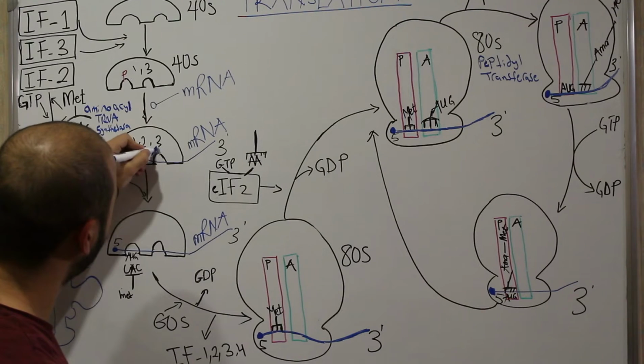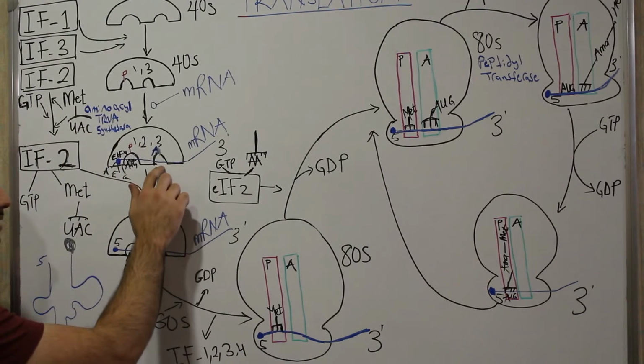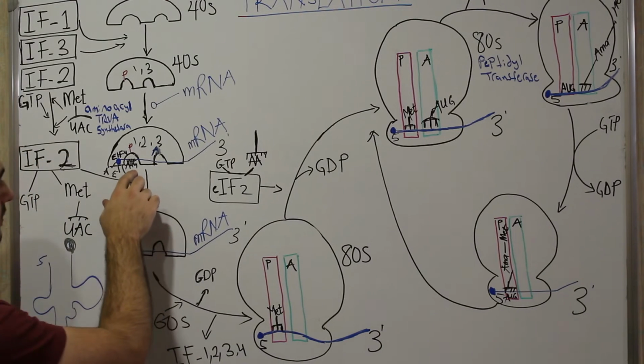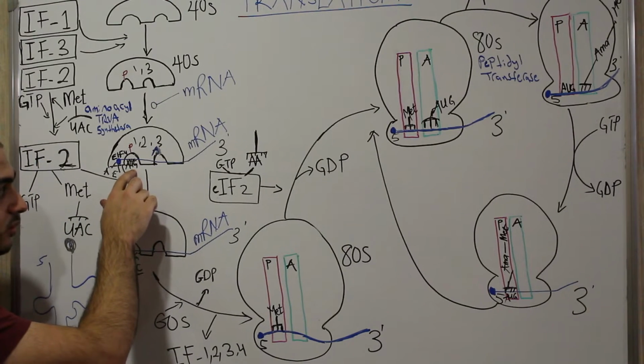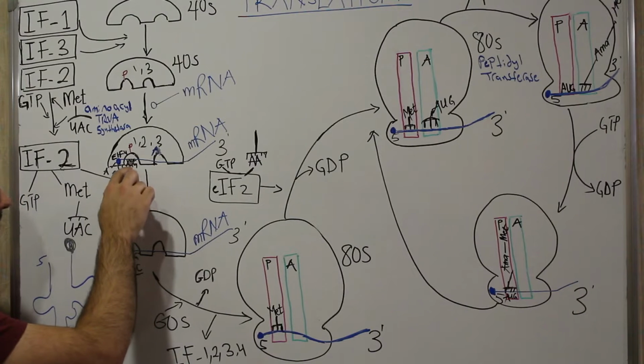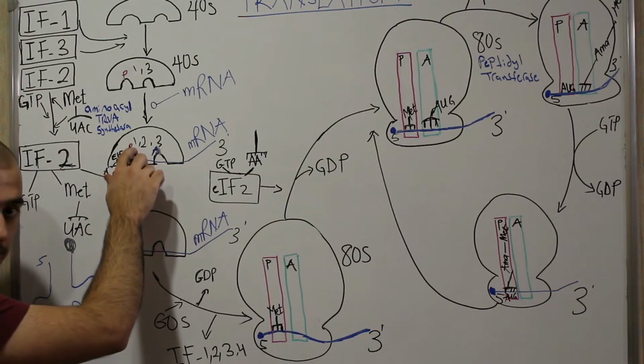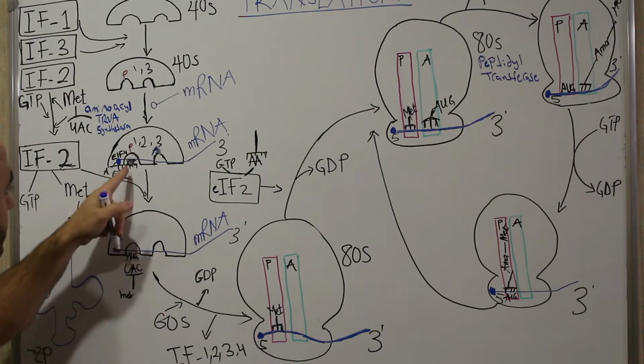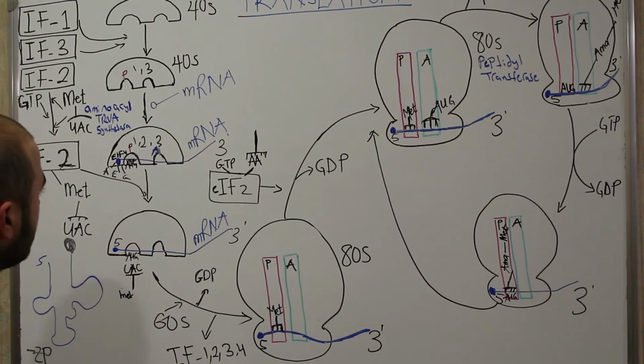So the starting codon should always be placed in the P place. Okay?